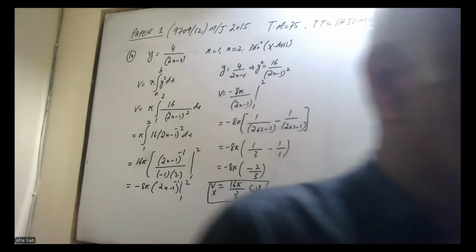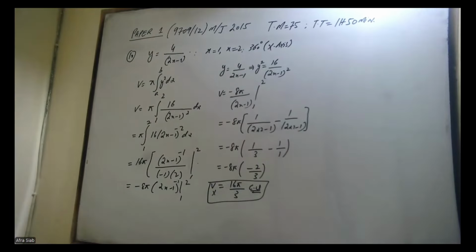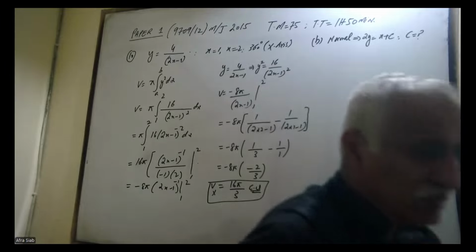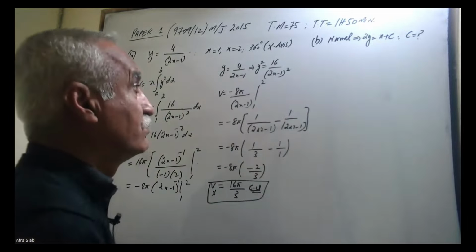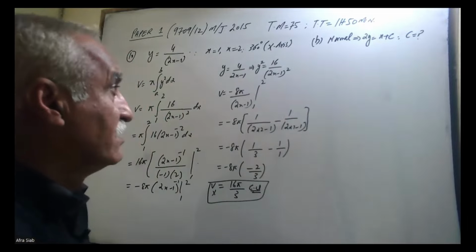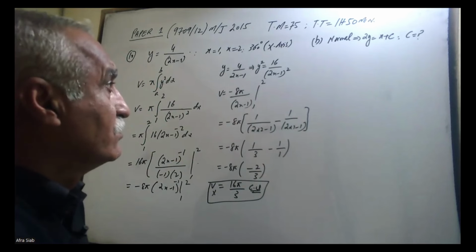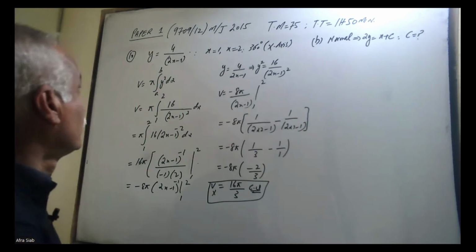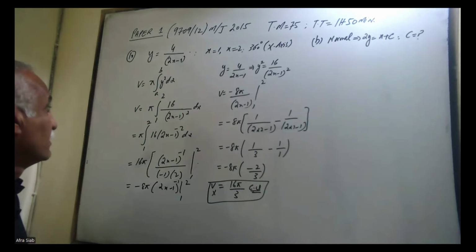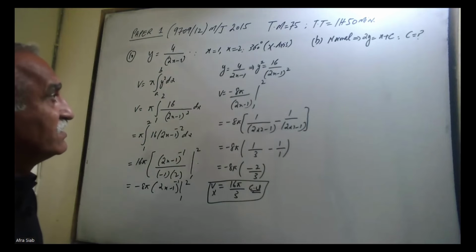So the second part: they are asking about the normal to this curve, given by 2y equals x plus c, and you are going to find the possible values of c. Since y equals 4 over 2x minus 1, we first find dy by dx.